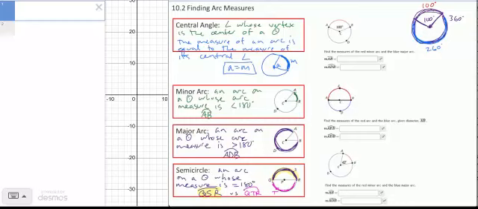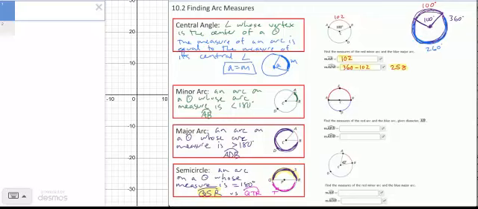So the measure of arc AB corresponds directly to that central angle, 102. ADB, the remaining major arc, would be 360 minus 102. If you did the calculation, it would be 258. Either of those would be acceptable.